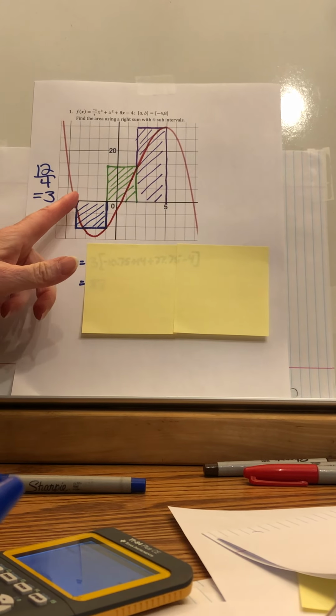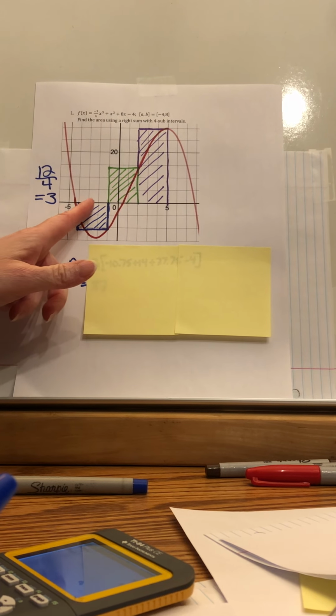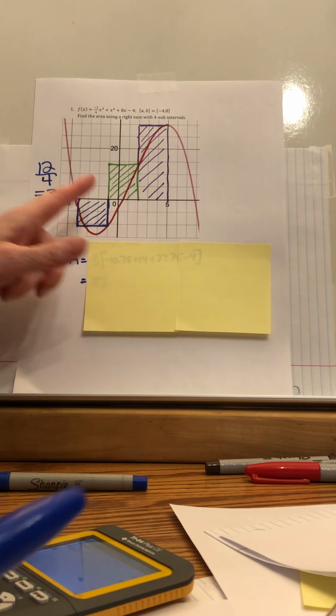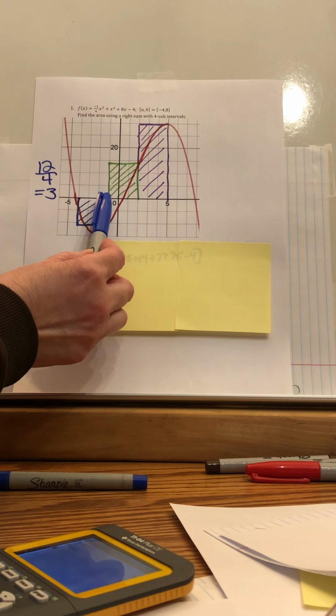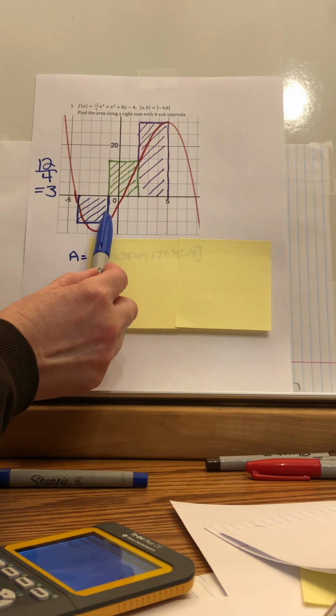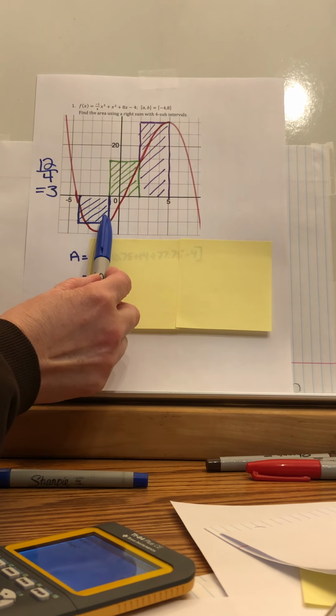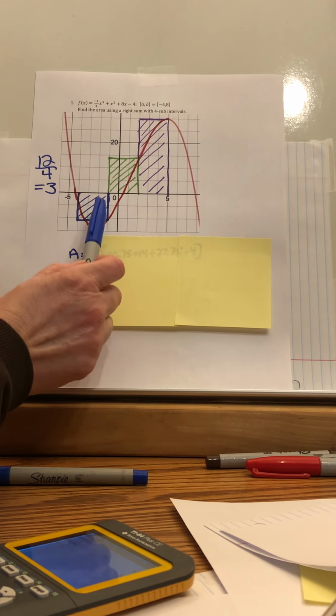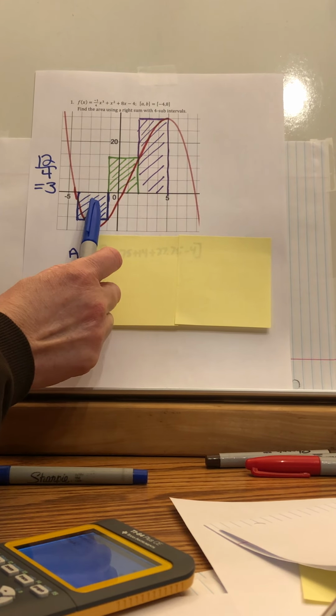So I started, and I could make my base from -4 to -1. However, the height is determined by the right-hand side. So I go down until I hit the curve on the right-hand side, then I backtrack to create my first rectangle. So this is rectangle 1.